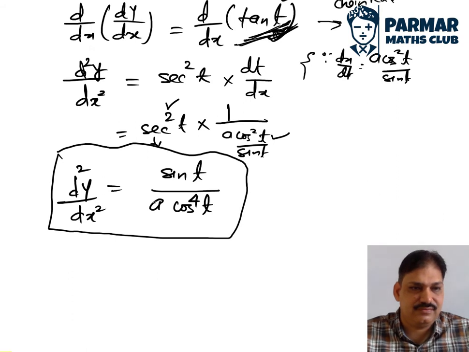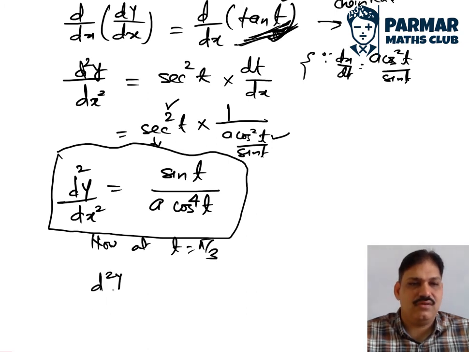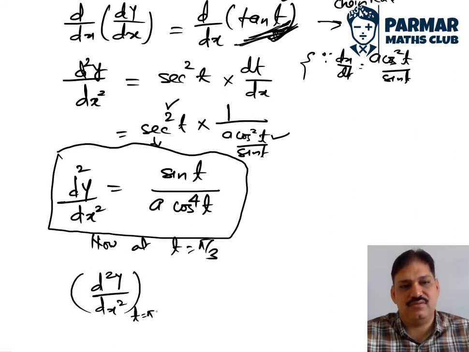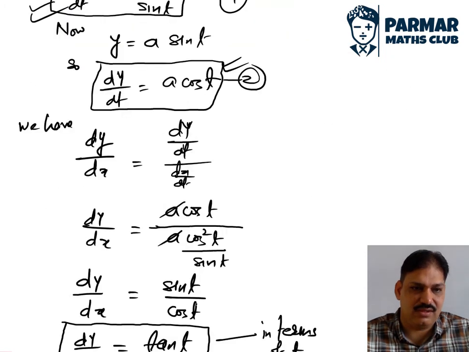Now at t equal to pi by 3, the second order derivative of y with respect to x at a particular value, t equal to pi by 6 or pi by 3. It is pi by 3 in the question.